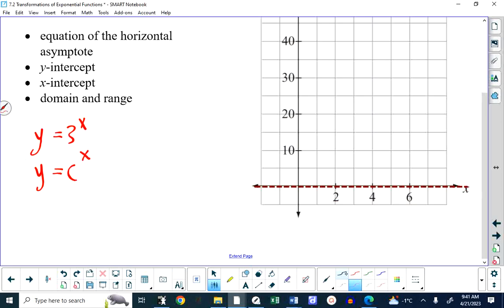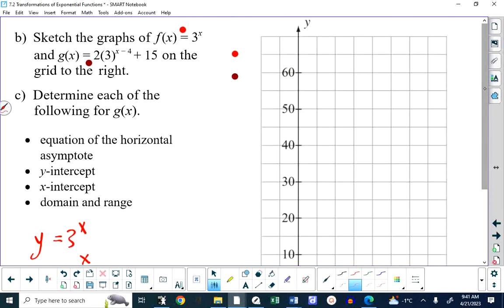Can somebody tell me why this new function will not have a horizontal asymptote on the x-axis? Well, right, the whole graph at some point is shifted up 15, so that's going to move that asymptote to 15. Okay, we'll come back to that though.